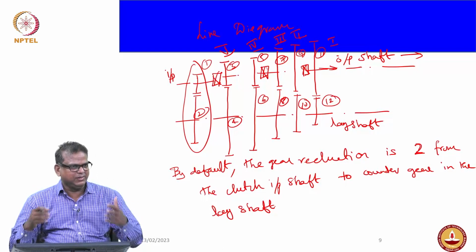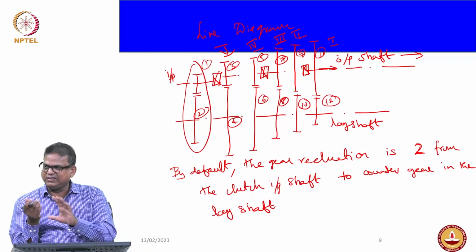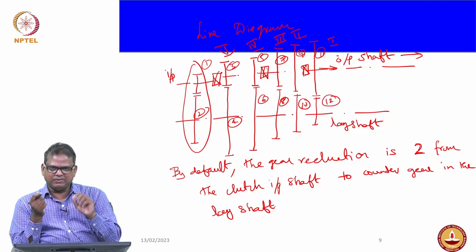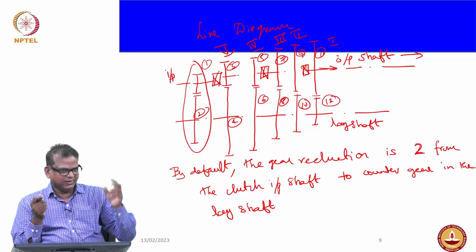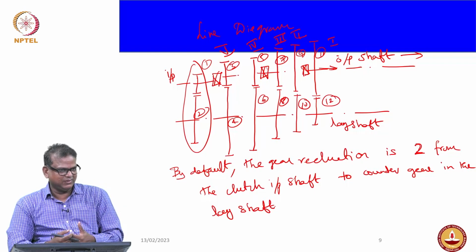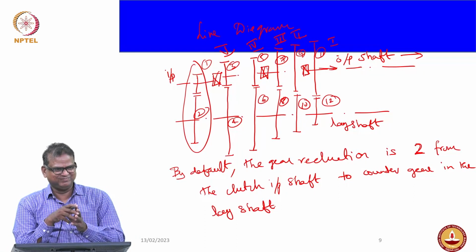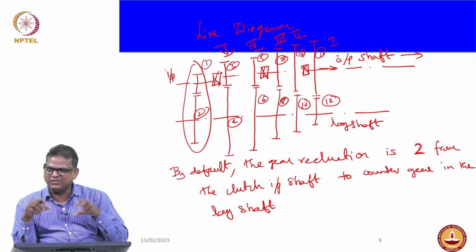In gears, would you prefer a drive gear design aspect or a driven gear design aspect? When I say drive gear and driven gear, from the drive gear the power is transmitted, and in the driven gear the power is taken. Which creates more stress, the drive or the driven? Drive. So you have to focus on the drive aspect, not the driven.